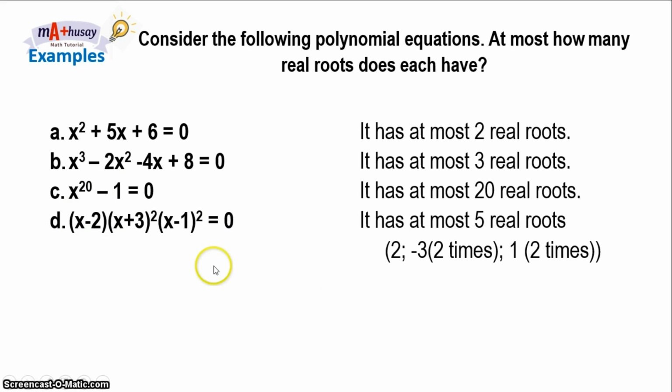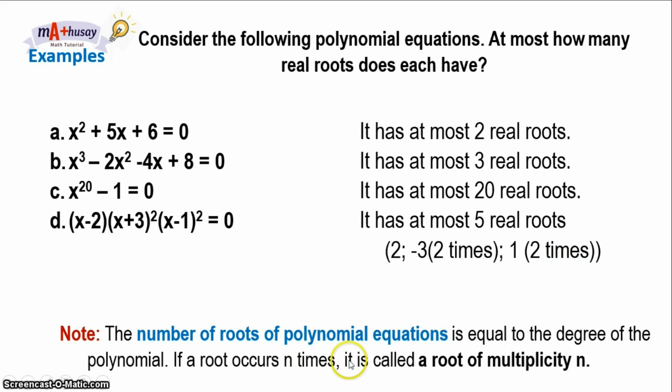Solving for the real roots, basically by applying the zero product property, the first solution or root is 2. Now, we have negative 3, 2 times, and the last one is positive 1, 2 times because we have squared here. Take note that the number of roots of the polynomial equation is equal to the degree of the polynomial.